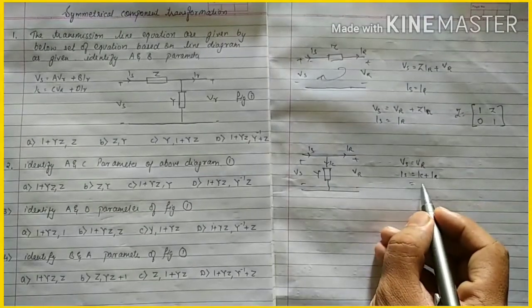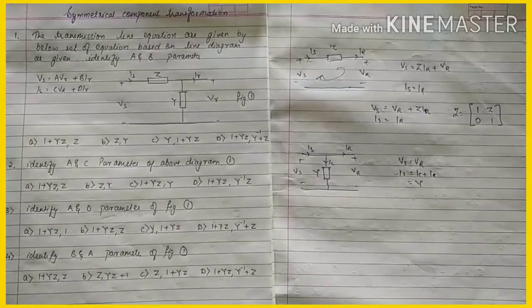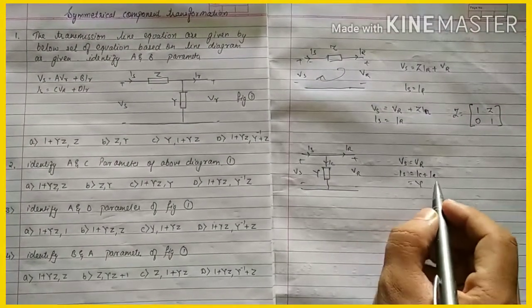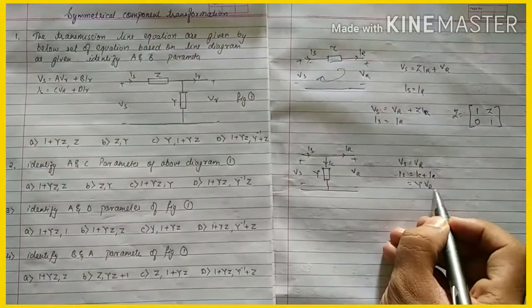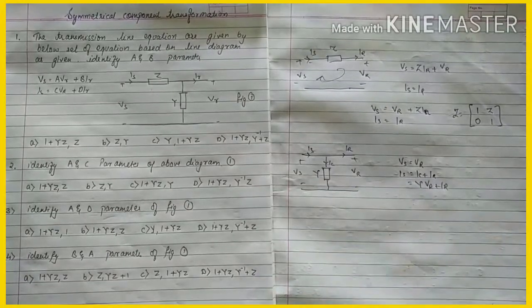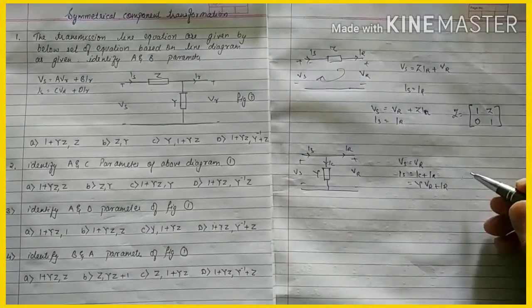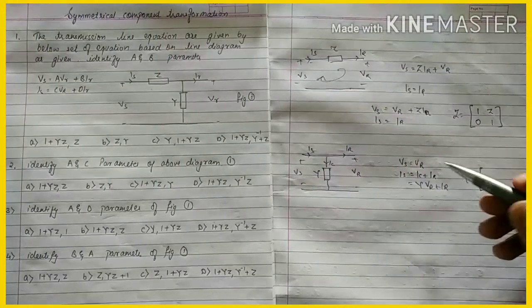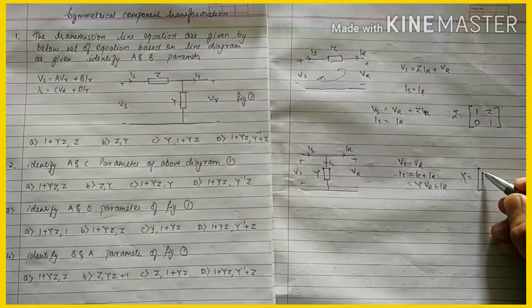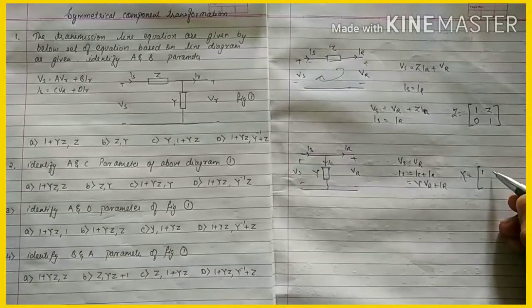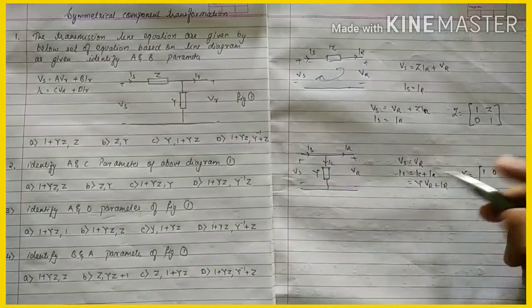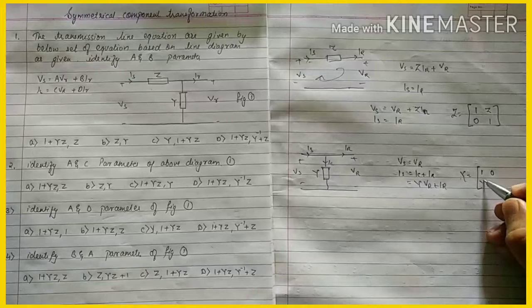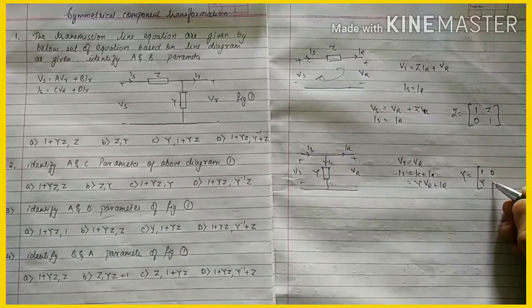The value of IC is Y into VR plus IR. Okay, so you can see that the ABCD of Y is: Vs equal to VR, so we have only 1, no IR term so 0, and here IS is equal to Y VR plus IR, so Y and this will be 1.